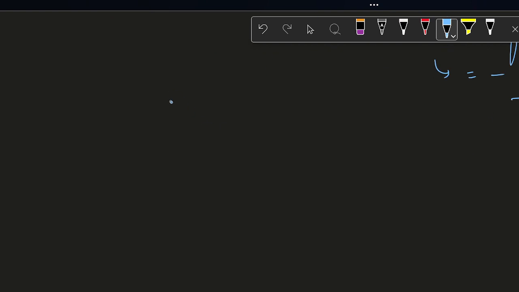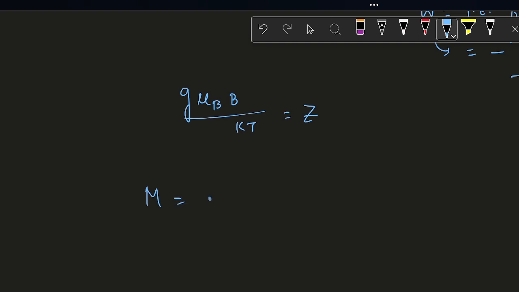After you define that, for simplicity let us denote the term g mu B B by kT in the exponential as z to simplify things. Otherwise you have to write down the whole term again and again. So now your M is N, because g and mu B are constant terms, we take them outside the summation.